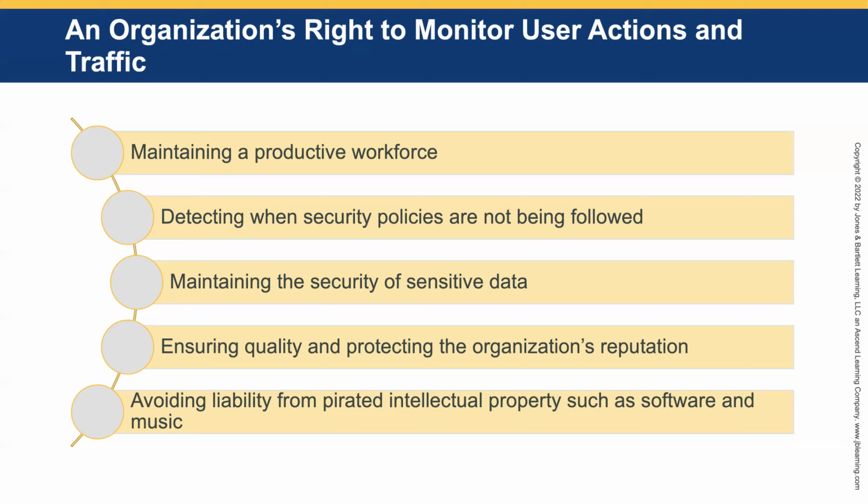So this can be very true when we're dealing with employees that are using resources such as laptops or mobile devices. And so an acceptable use policy is typically going to help to shape how employees will use those devices.